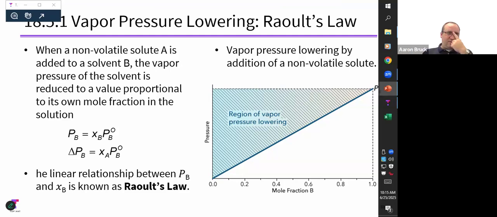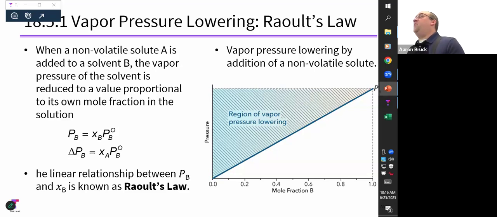So Raoult's law tells us that the vapor pressure of a solution is going to be equal to the vapor pressure of the solvent by itself relative to how much solvent is actually there. The more solvent that is present, the more the solution is going to behave like the solvent does normally. The less present it is, the less it's going to behave like itself. And the more it's going to see that vapor pressure coming down.